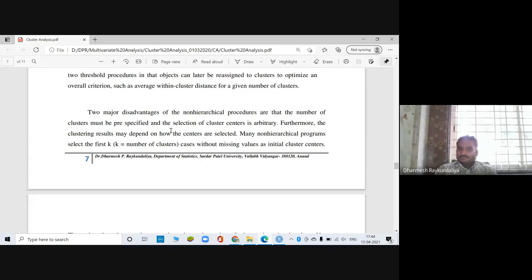And second, you have to select the clusters arbitrarily. Further, the clustering results may depend on how the centers are selected. So first is the value of k, that means the number of clusters, and what should be the value of the center as an initial clustering solution. So these are always a problem.